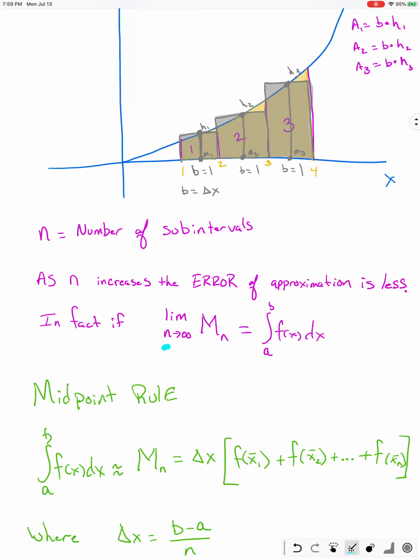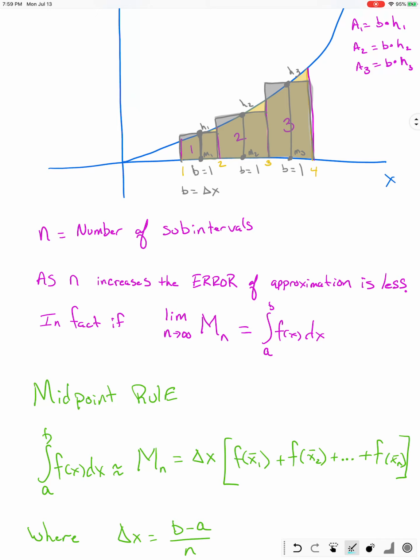In fact, if I let n go to infinity in M sub n, so I have infinitely many subintervals, then I no longer have an approximation, I have an exact value of the area underneath the curve, or an exact value of the integral.